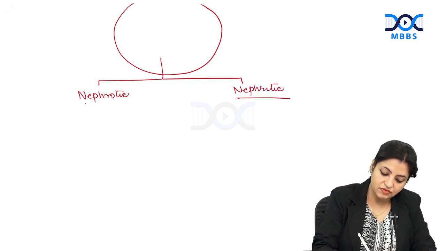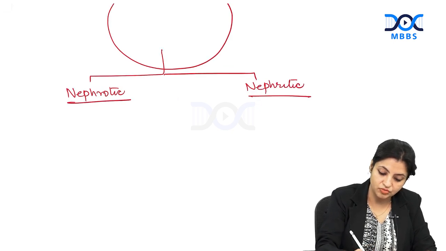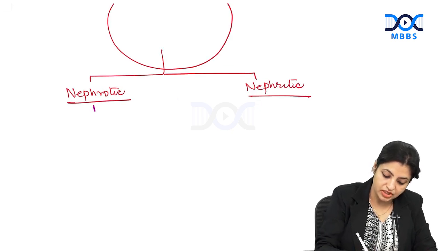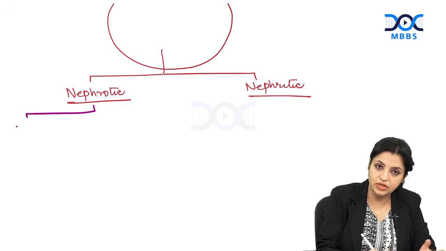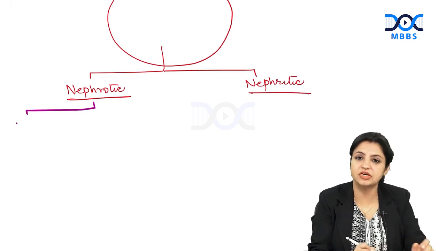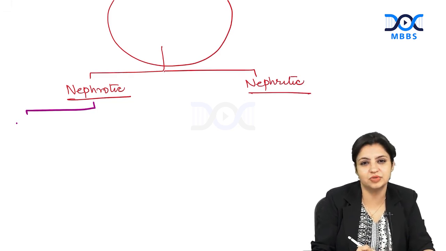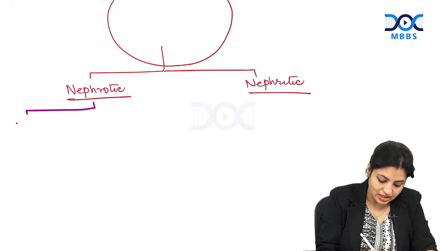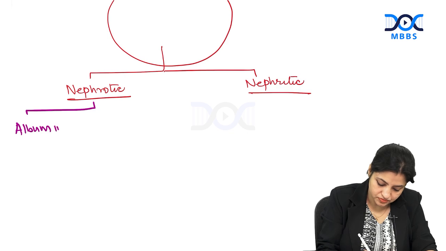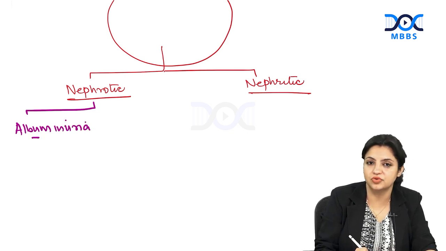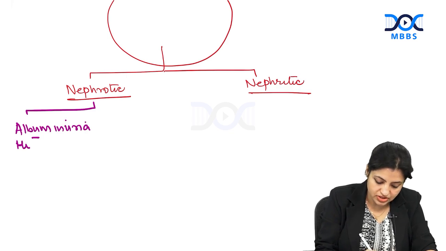Okay. So, whenever we are talking about nephrotic syndrome, everybody should remember that patients with nephrotic syndrome typically present with a syndrome complex. That is, they have albuminuria. That is, albumin is being lost in the urine. Because of this, these patients have hypoproteinemia.